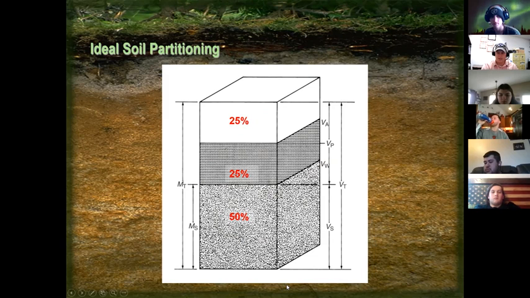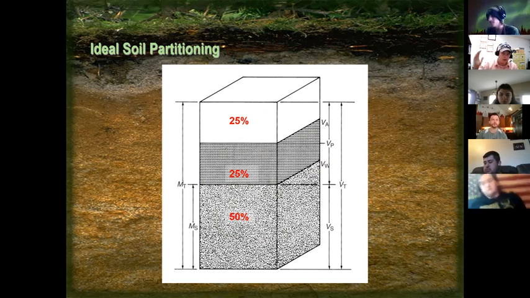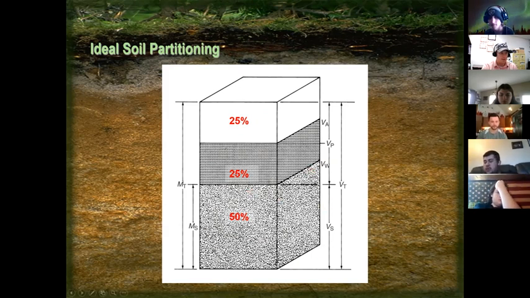Does that make sense? This depends, right? If we're irrigating a field and the circle just passed over the field, we're not going to change the percentage of solids. That's going to stay the same.